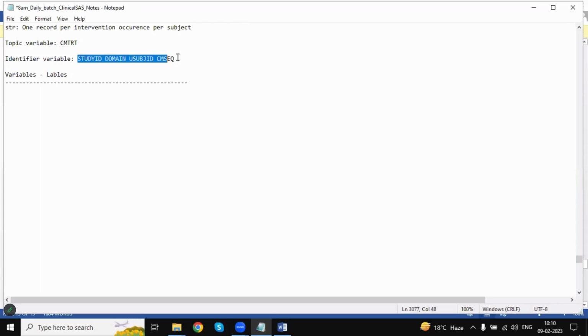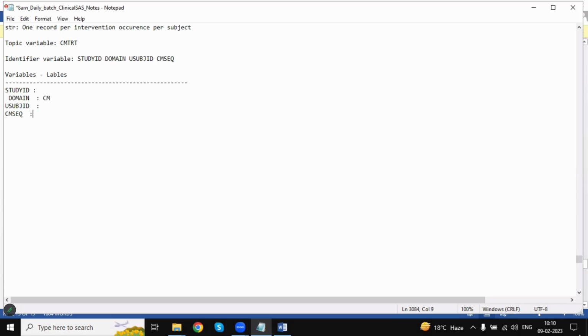So these 4 we already know. What is study ID? Study ID is nothing but the study identifier: the name of the study, protocol name, study name we will capture here. Domain abbreviation: we are discussing the concomitant medication domain, so we capture CM. USUBJID, unique subject identifier, is the combination of study ID, site ID, and subject ID.